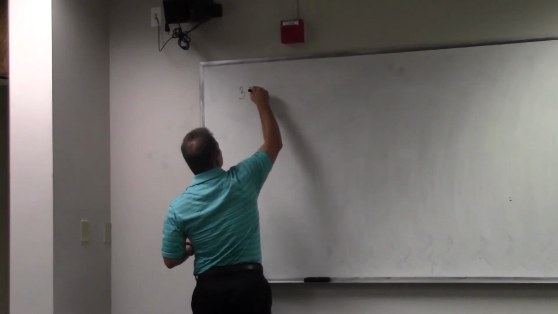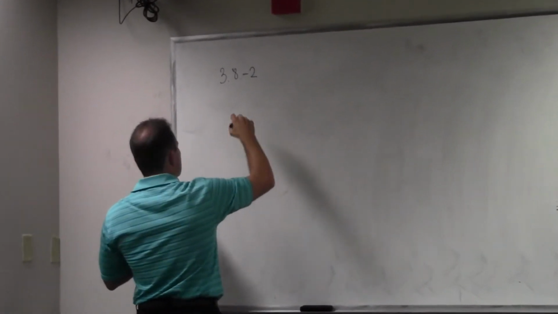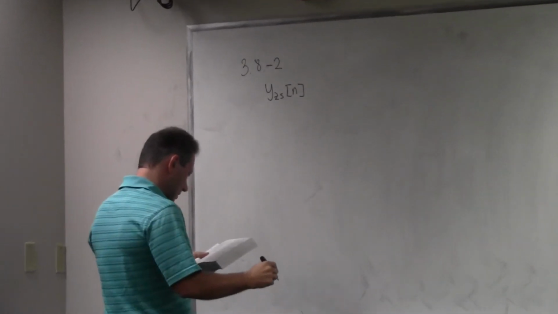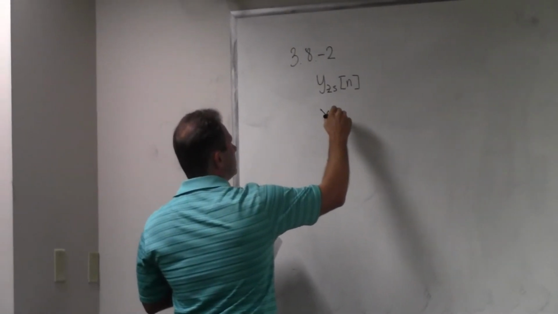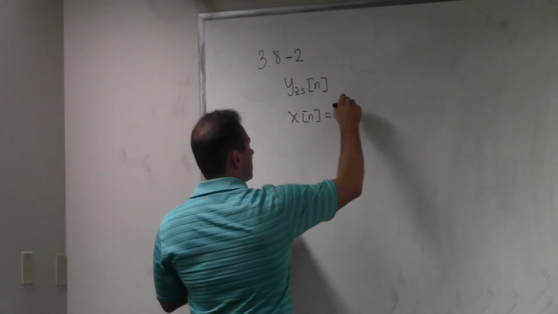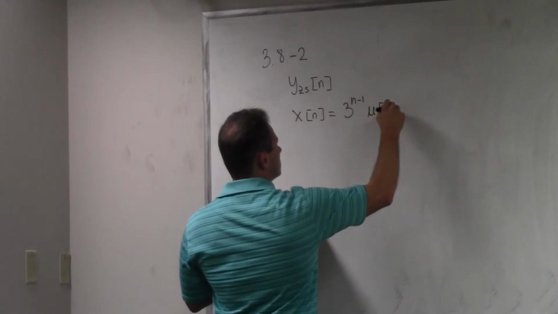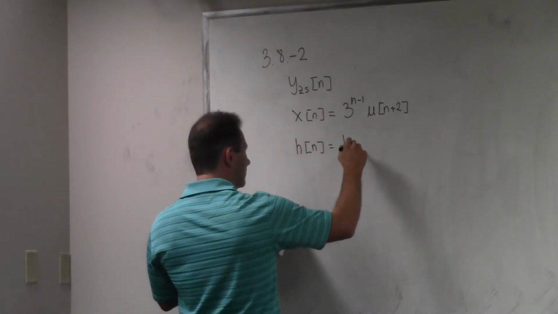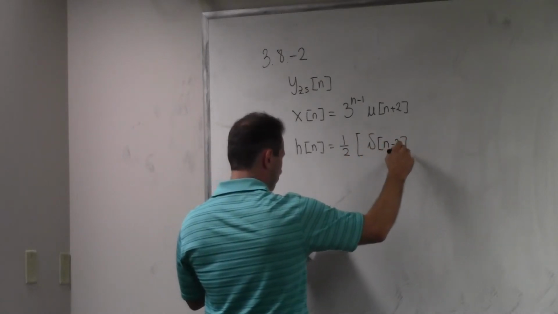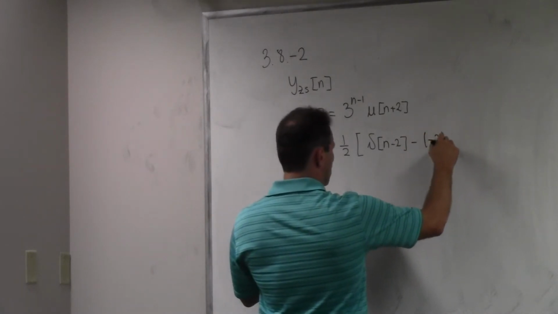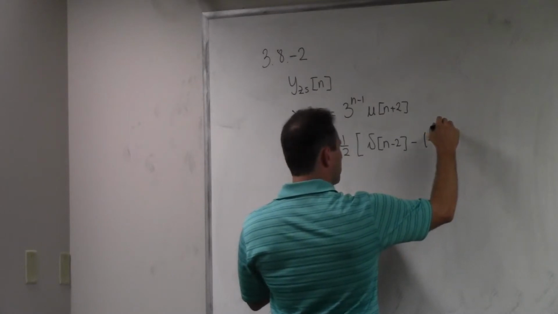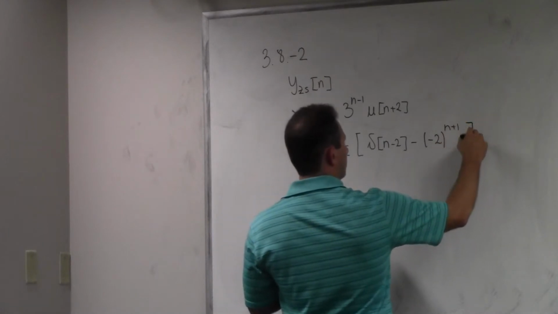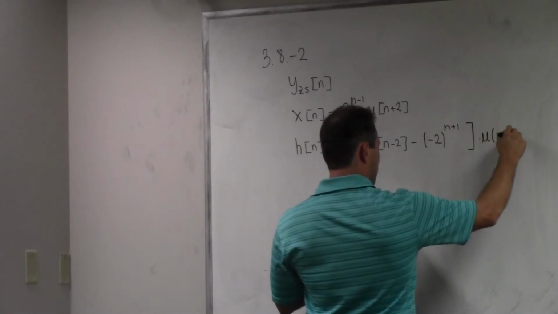Here's problem 3.8-2. It says find the zero state response y zero state of n for the linear time invariant discrete time system that has an input x of n given as 3 to the n minus 1 u of n plus 2, and h of n is equal to 1/2 delta of n minus 2 minus 2 to the n plus 1 u of n minus 3.